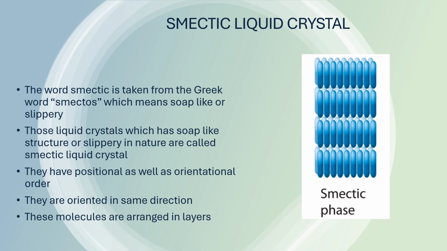These molecules are arranged in layers. Coming to the diagram, we can see that all have positional order as well as orientational order. These smectic liquid crystals can be used along with nematic liquid crystals for making LCD, that is liquid crystal displays.